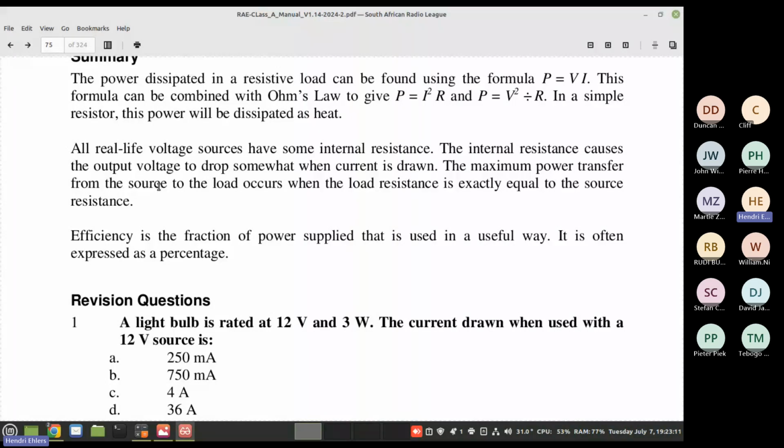So if you reduce the value of that resistor, the actual current will go up, because you will need more current through that resistor to get a 0.6 volt voltage drop.